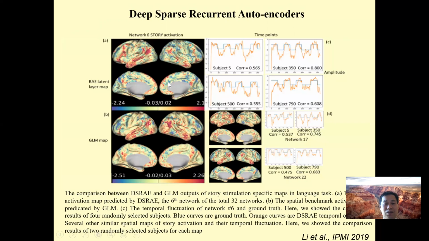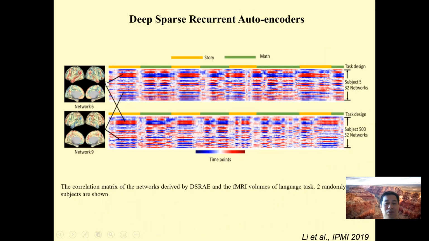So let's see some of the results. If we extract the temporal series from the autoencoder, we can see the temporal activities are very similar to the task design. And if we look at the spatial distribution, they are very similar to the spatial networks. The difference is that we can see the spatial distribution and the temporal dynamics at the same time, as shown in this figure.